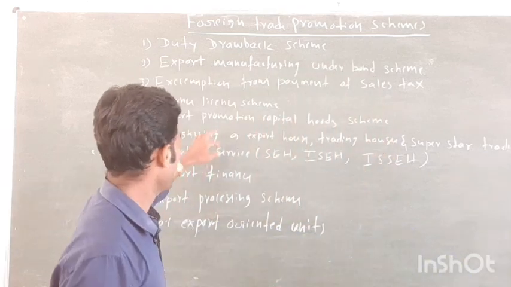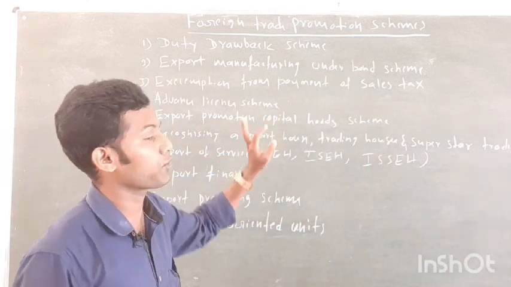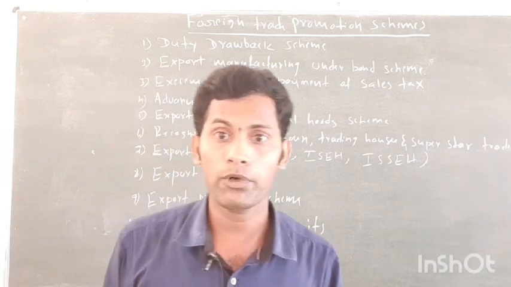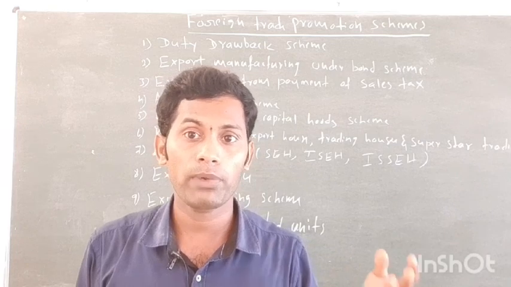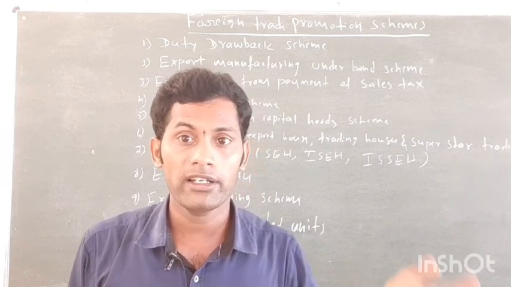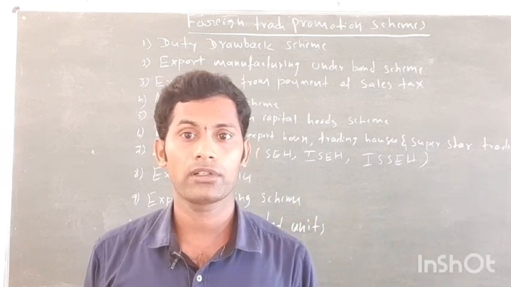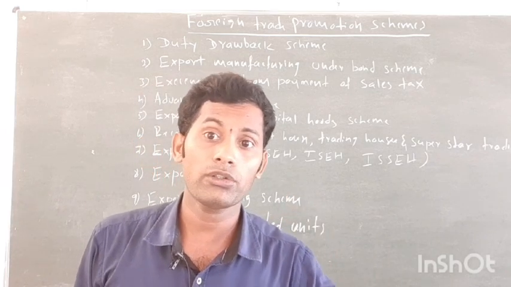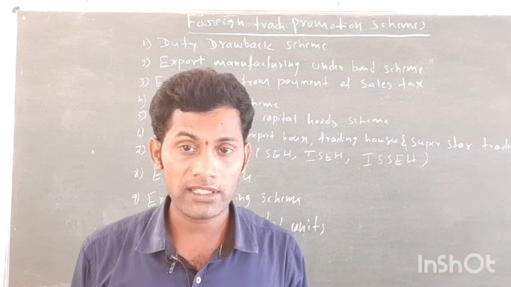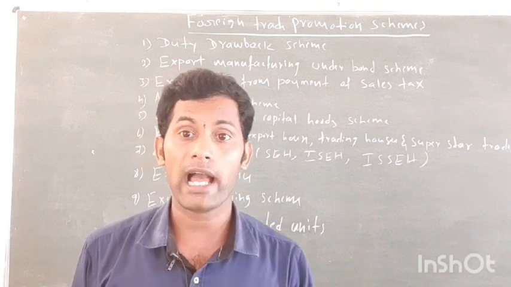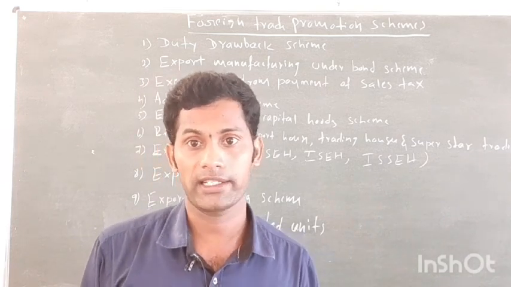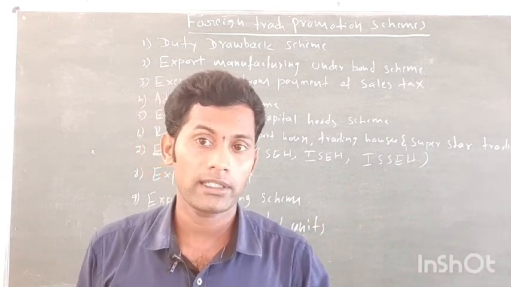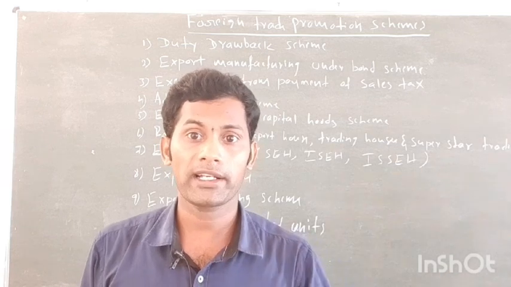Now fourth one, export promotion capital goods scheme. Under this scheme, if any exporter wants to buy capital goods for the purpose of producing the product here and then selling it to a foreign country, they first import capital goods from the foreign country, then produce the product here, then export it to the foreign country.